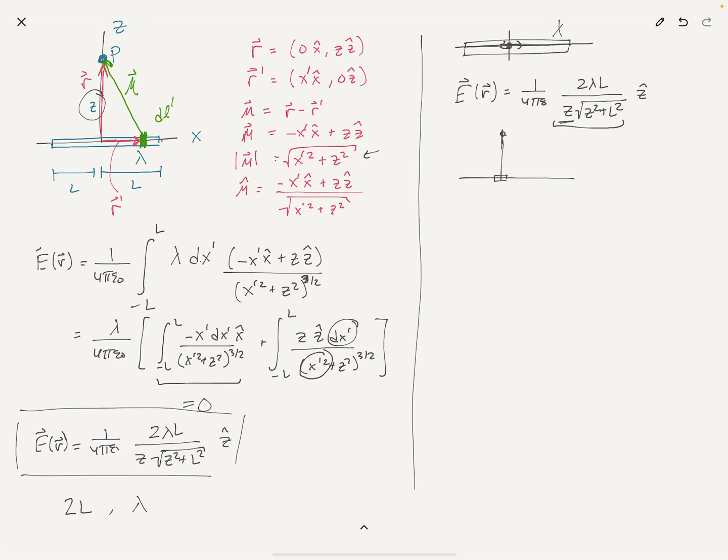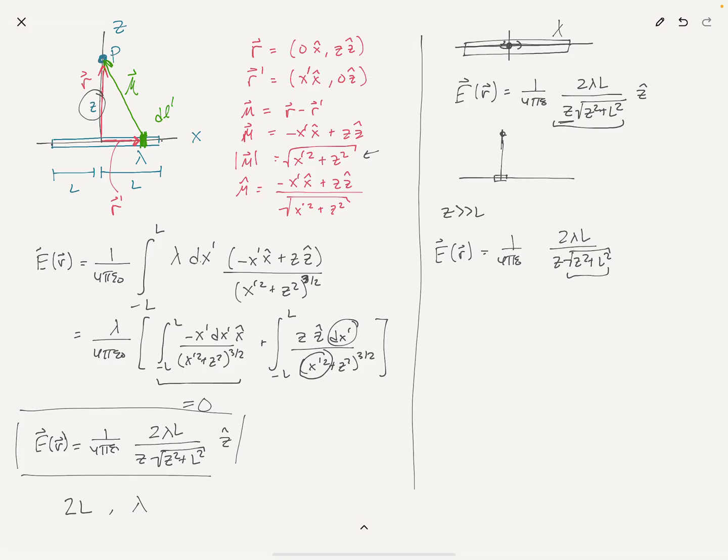Okay, this is the regime where z is much bigger than L. So if z is much bigger than L, my electric field is 1 over 4 pi epsilon naught 2 lambda L over z times the square root of z squared plus L squared. This term right here, z squared plus L squared, is basically just z squared, since L is so small.